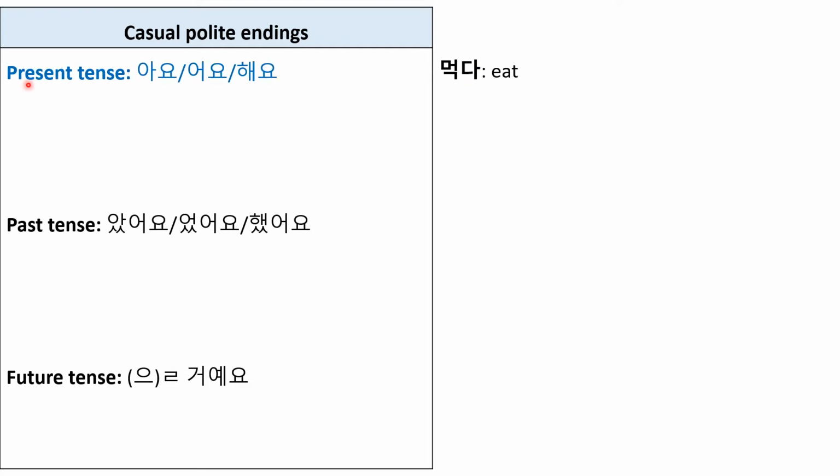Casual, polite, present tense verb endings are 아요, 어요, 해요. If the last vowel of the stem is 아 or 오, the verb ending is changed into 아요.